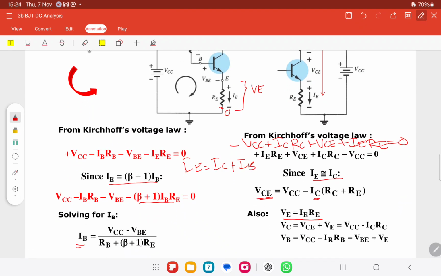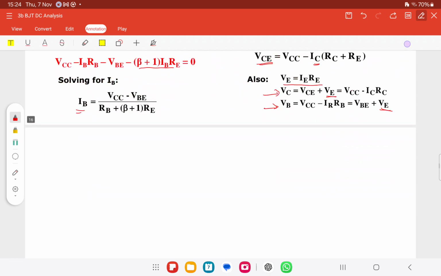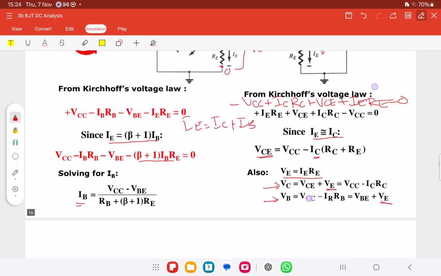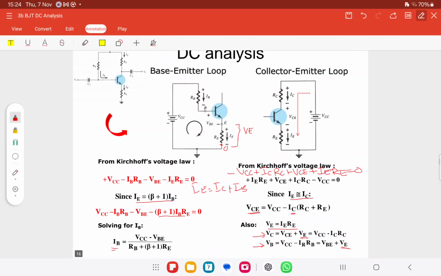VE equals to IE RE. And then untuk cari VC and VB sama macam tadi. It just dia ada VE. Kalau tadi VE tu equals to 0 je. Okay? Boleh? Senang je kan? Kenapa saya letak kosong kat sini? Okay. Alright.